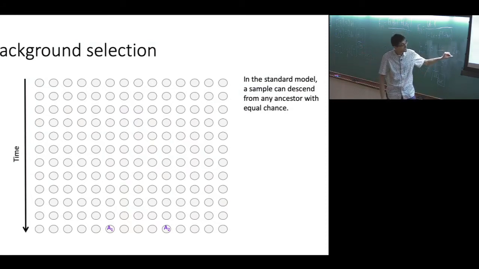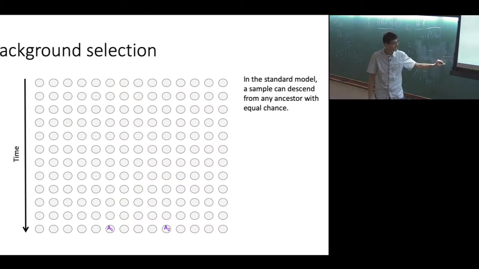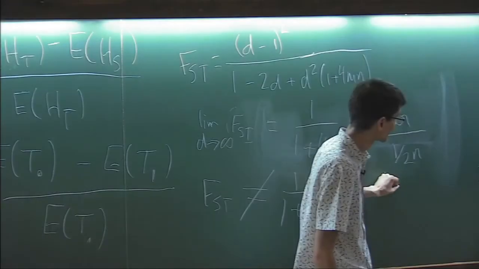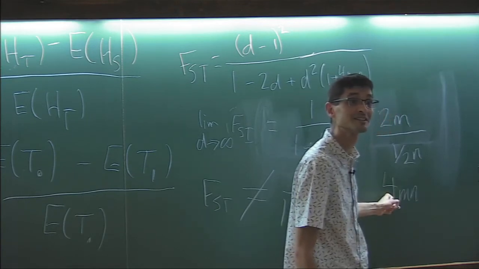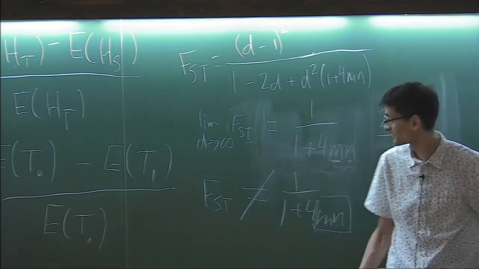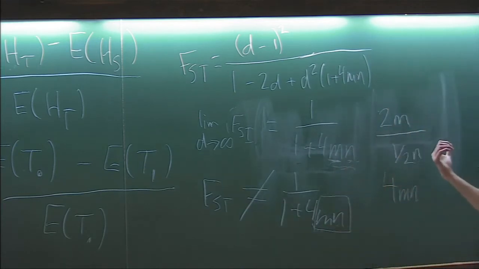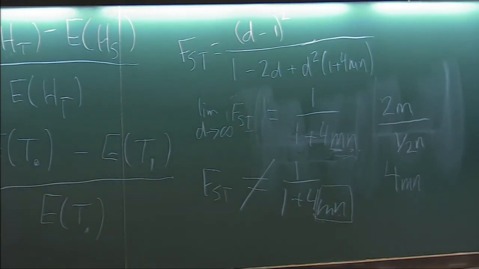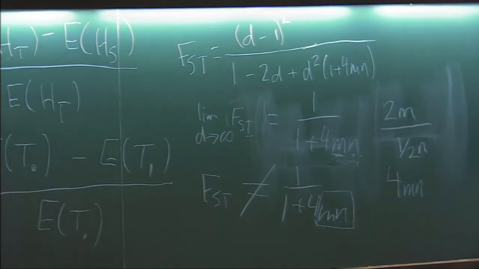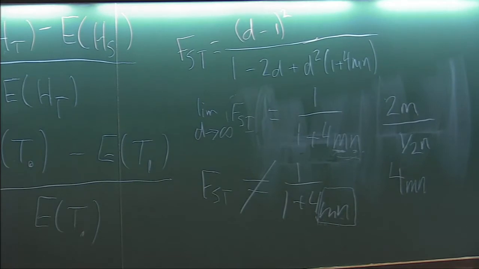Rate of migration relative to the rate of coalescence. What happens when I rewrite that? Look familiar? There it is, right? So that's the way I kind of think about it. It's the rate of migration relative to the rate of coalescence. Right. Okay.